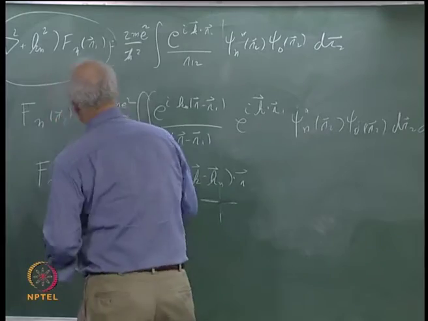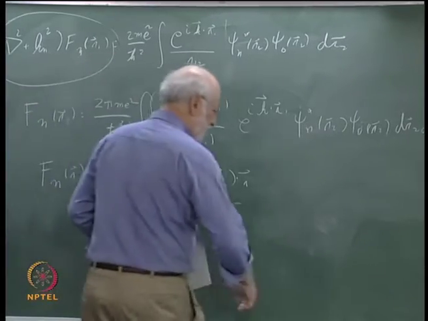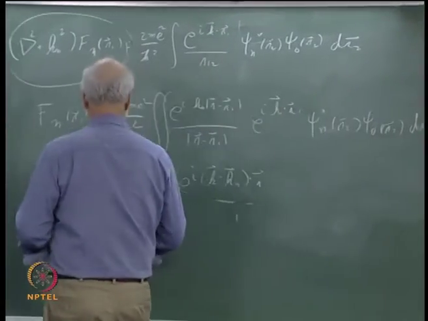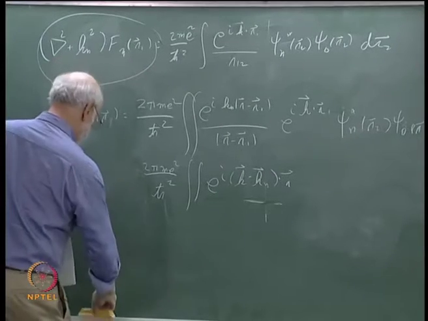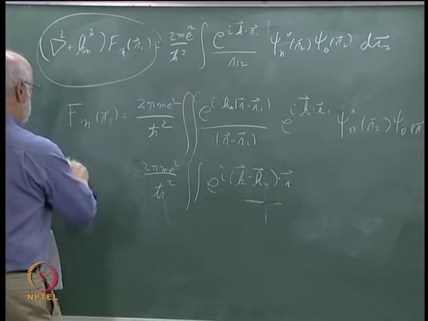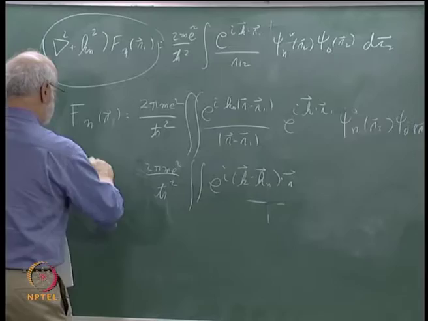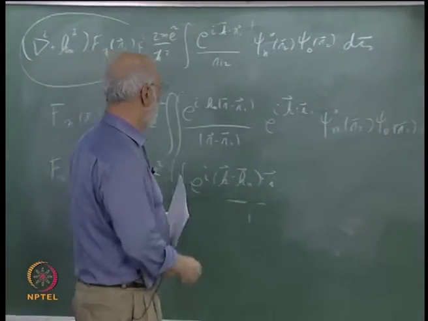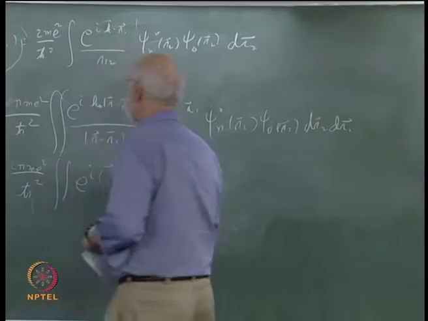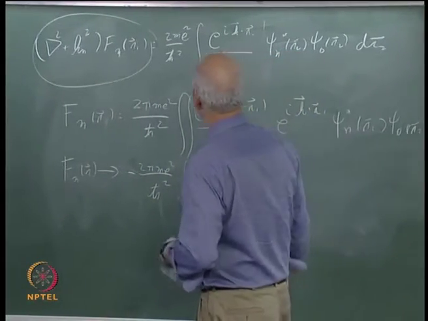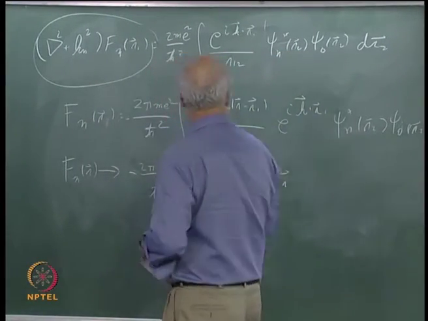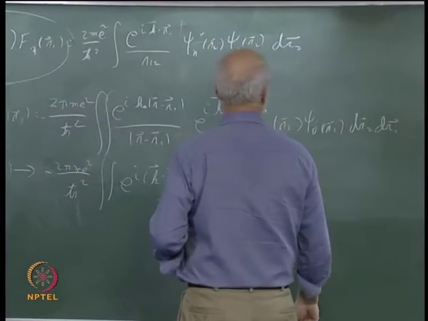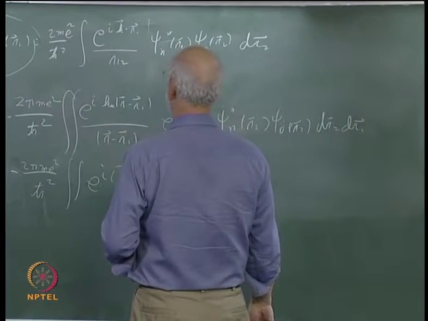Actually, it's a minus sign here. Let me rewrite this a little bit because I didn't give myself enough room. Fn of R. It's actually the Green's function has a minus sign. There should have been a minus sign there too, actually. And there's something.